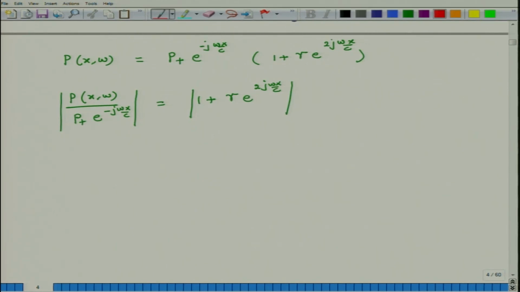So, I can rewrite it as the modulus of the numerator divided by the modulus of the denominator, which is P plus, times the modulus of e to the minus j omega x over c, and this equals the modulus of 1 plus gamma e to the 2 j omega x over c.